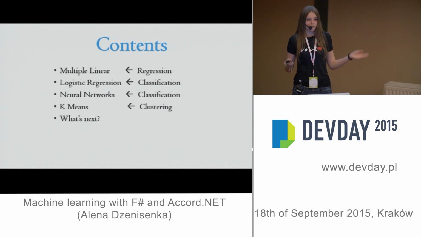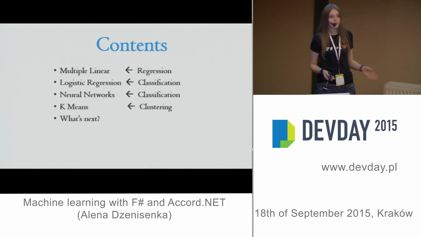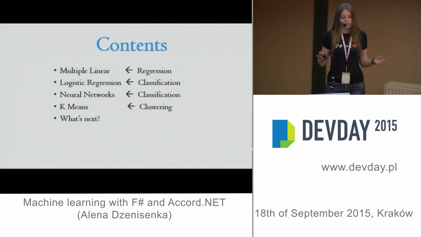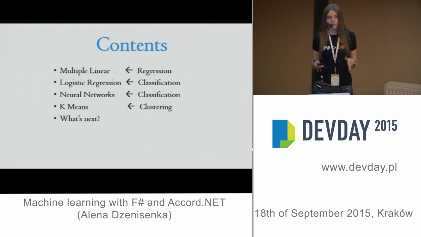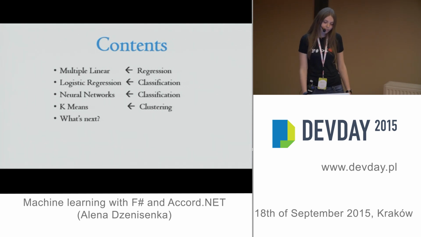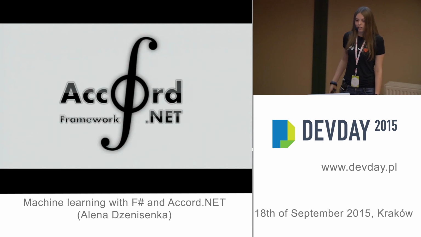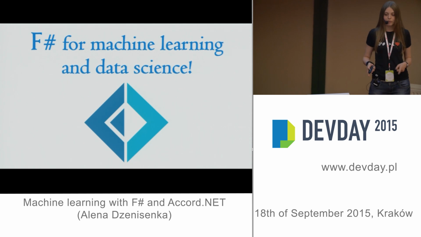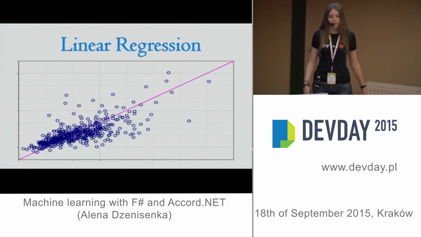This topic might be advanced for regular software engineers, but for machine learning people, it would be the very foundations. So let's start. We'll be using the Accord.NET framework and F# for doing machine learning and data science.